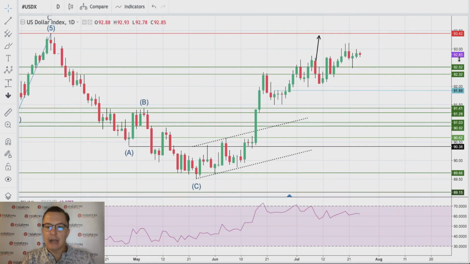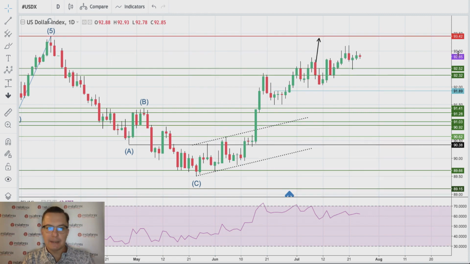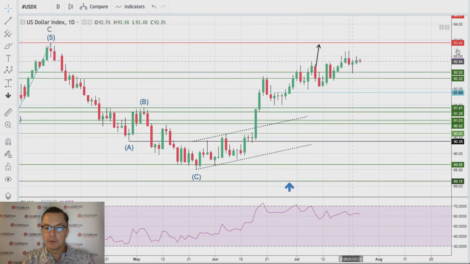What is going on here? Our scenario with the black arrow posted on the 8th of July 2021 is suggesting another subwave towards the level of 93.42.